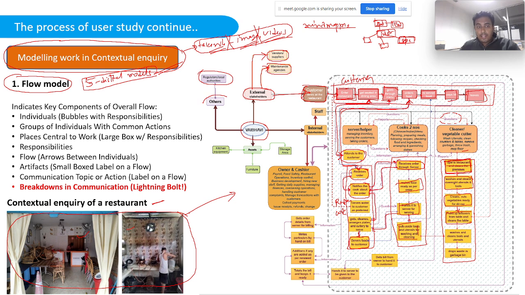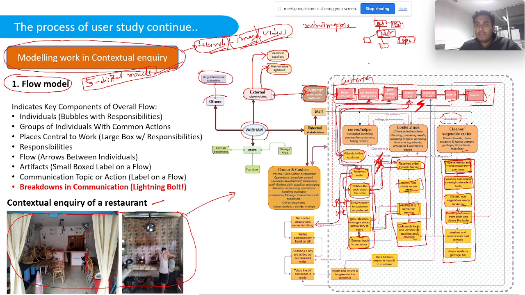Now, during a contextual inquiry, sometimes you may see that food has not been served to you because of some miscommunication. That means you may identify a certain fault in the system. So this is an example. Those faults need to be represented using a thunderbolt sign. Okay, you can use any signal. The thunderbolt is just a representation to say that there's a breakdown.